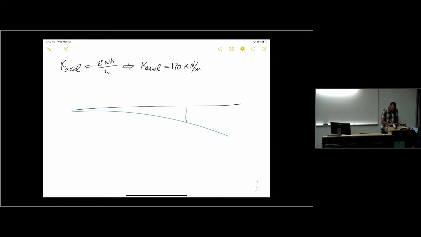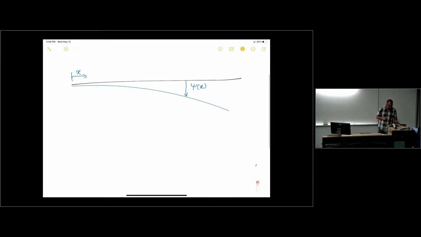Psi of x is this distance as a function of x. So this is your x-axis, right? So our x-axis is this direction. Okay? So psi of x is specifying the deflection, how much that beam has moved from its neutral axis, from its original location. And what you can show mathematically in your calculus, I think you've seen it, is that the deflection equation gives you the radius of curvature.